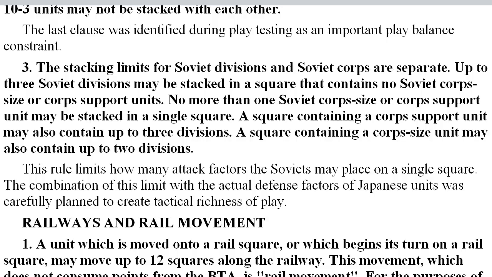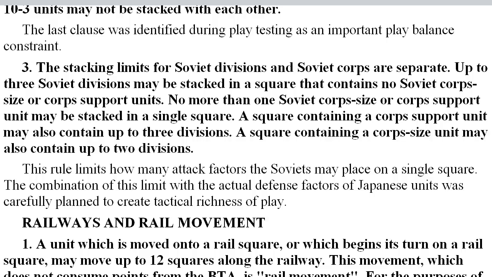The stacking limit for the Russian player is more complicated than seen in Stalingrad. That is, the Russians can stack up to 3 divisions in a square. However, they cannot put more than one corps or corps support unit in a square. So if you have a Russian square with more than one unit in it, the units other than the first one have to be divisions.